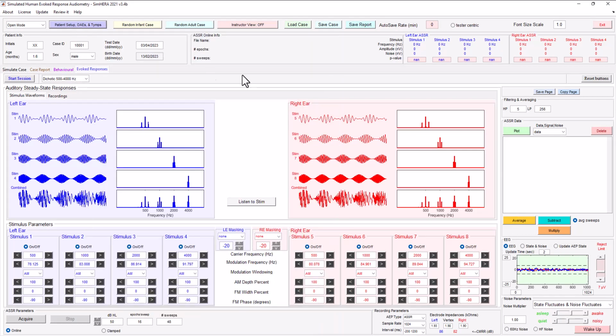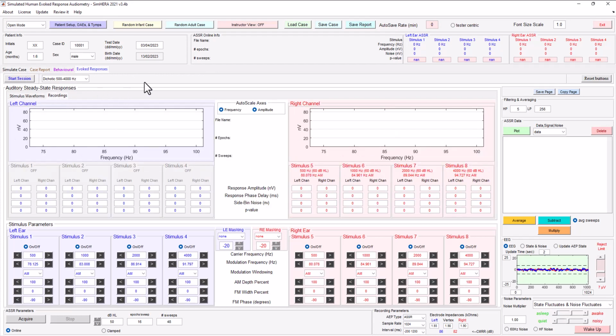We've got EEG going on, and we've got stimuli that will be going into the left ear and the right ear. Then we go to recordings, and we check down here to determine what is the intensity we would like to present at. We're going to do a standard 50 dB to start, and that is because this system in SimHERA, as well as many systems from clinical manufacturers, have one set intensity for the different stimuli.